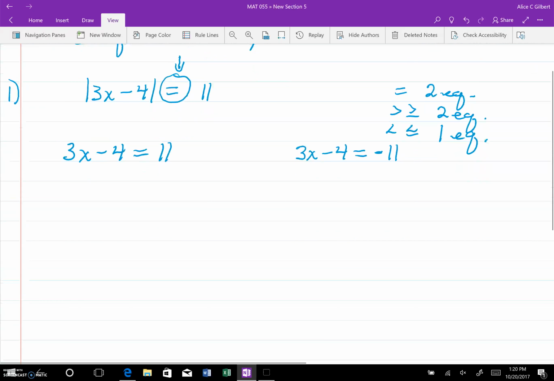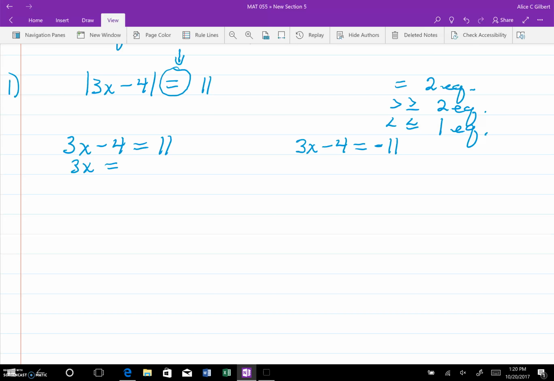So first thing I need to do is add 4 to both sides. And I get 15, and then divide both sides by 3, and I get x equals 5. And over here, I'm going to add 4 to both sides, and that gives me negative 7.